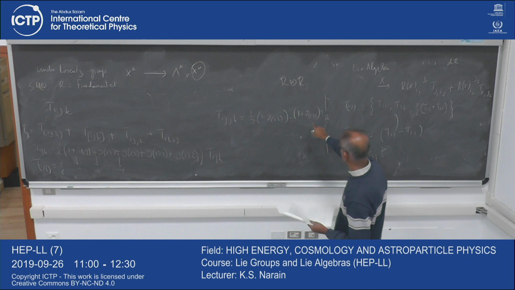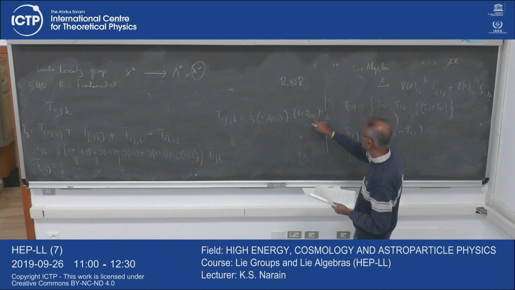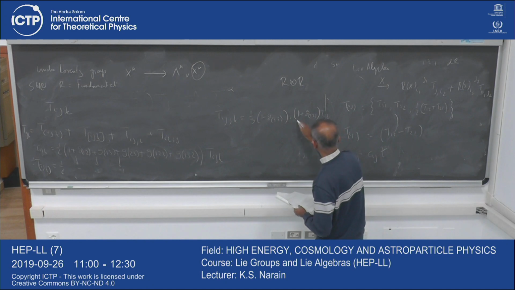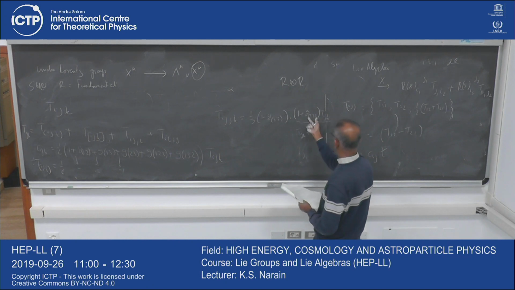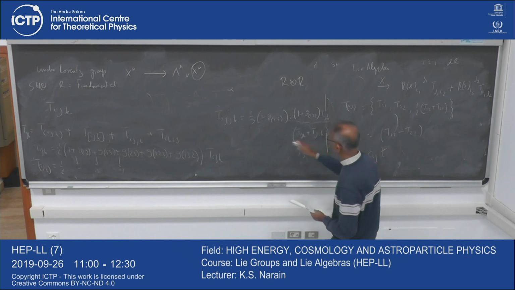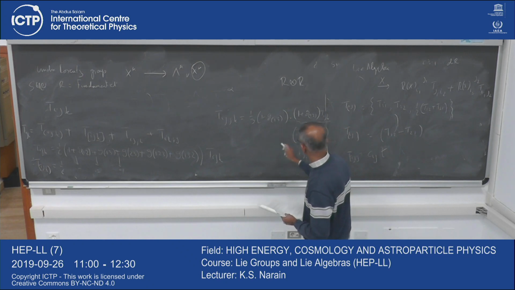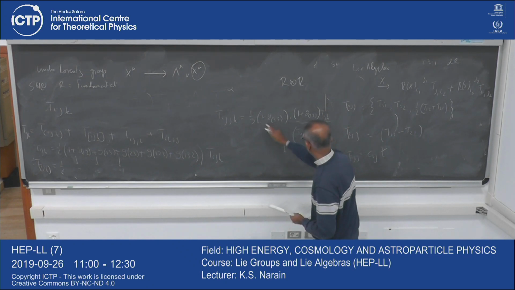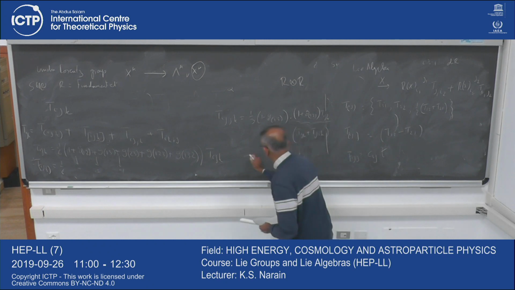So this is acting. So this one doesn't do anything. G12 exchanges these two. So for example, what does it mean? When I apply it here, I will get Tijk plus T with the first and second positions exchanged, so Tjik, right? Then I apply that. One gives you back the same, so Tijk plus Tjik.